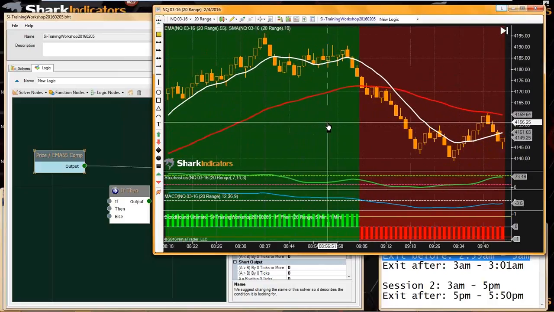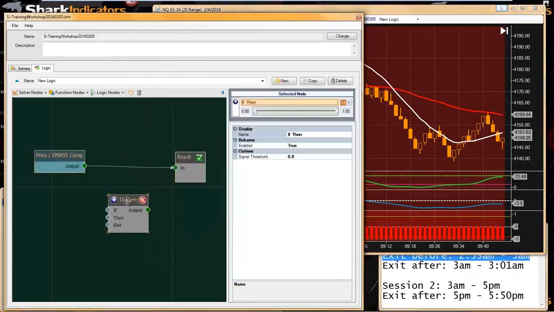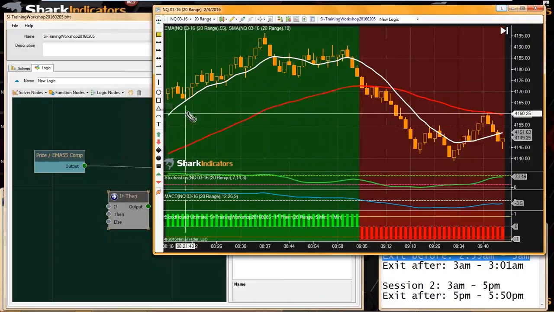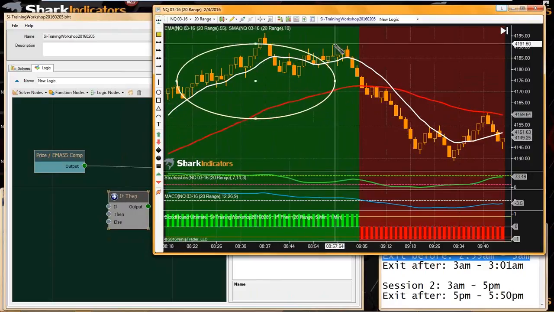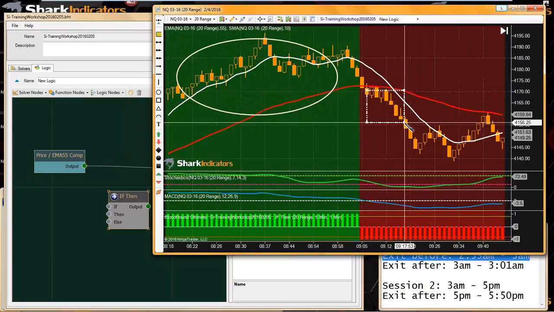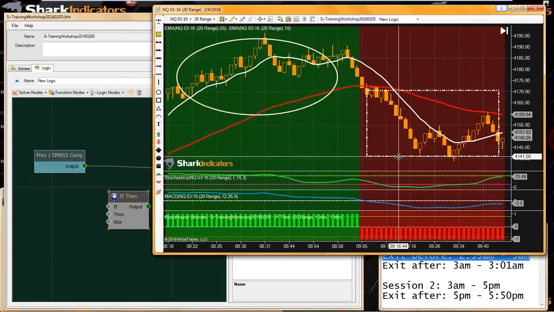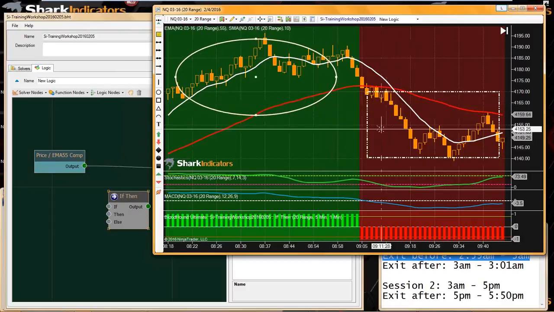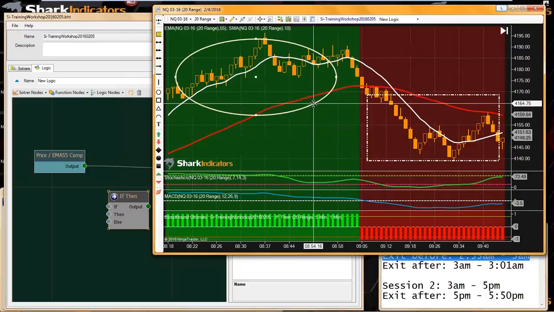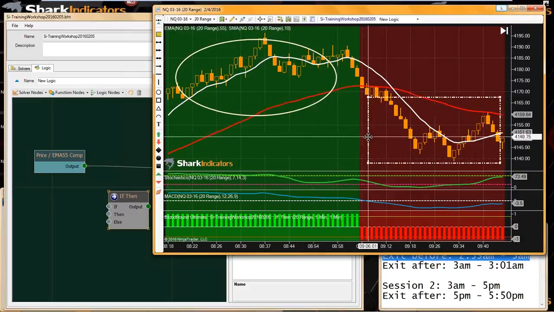The way this if-then is commonly used is someone says, well, I've got one set of logic that I want to run when I'm in an uptrend, and a different set of logic to run when I'm in a downtrend. So he's got these two different logics, one for uptrend and one for downtrend. I guess it'd be a different set of logic for your buy signals and a different set of logic for your sell signals.